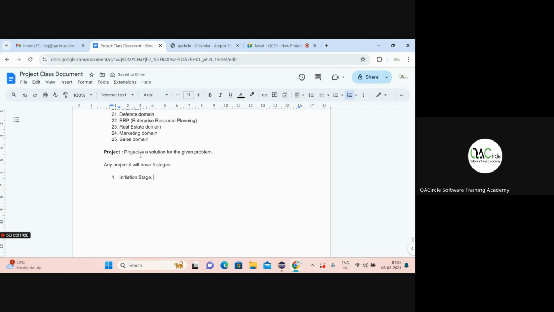So, what will happen in this initiation stage? In this initiation stage, we will try to understand what exactly is the problem or what exactly is the requirement of the customer, right? If we understand the problem statement or the requirement, then only we can move further. So, this is the very first stage.